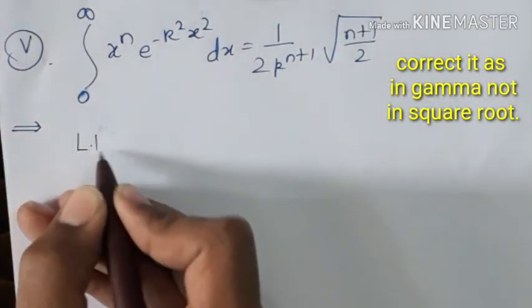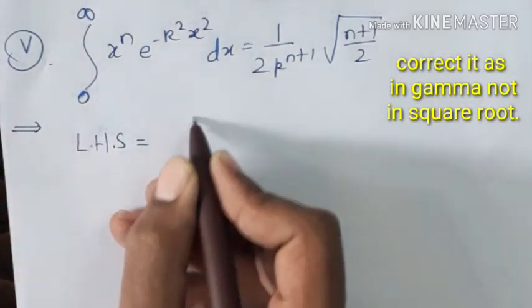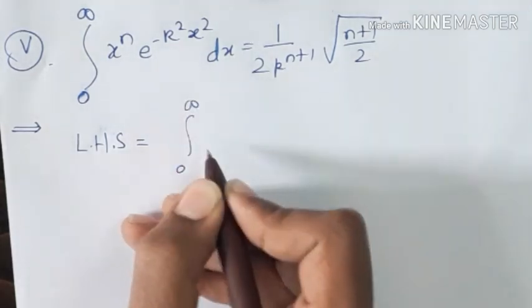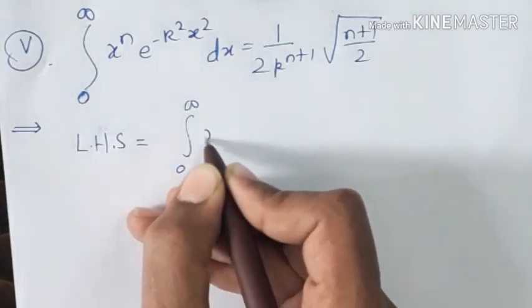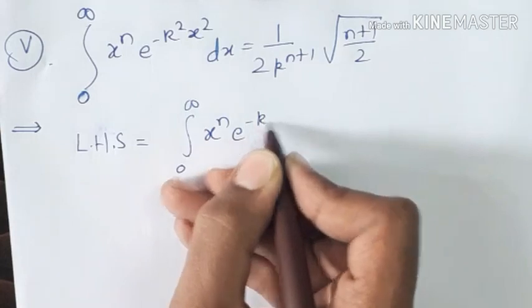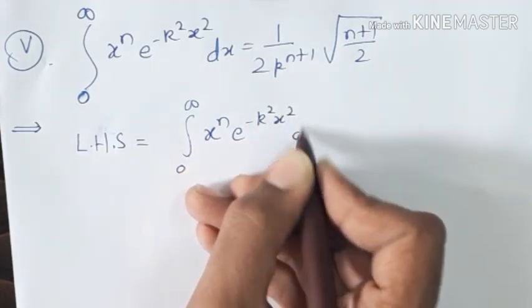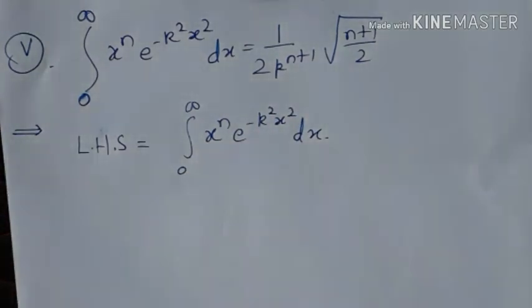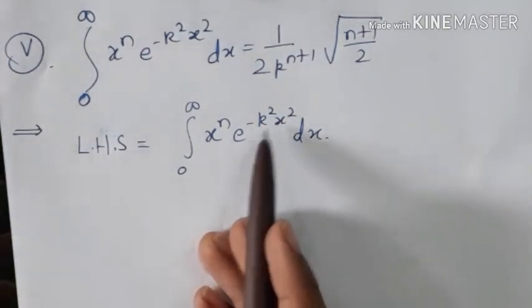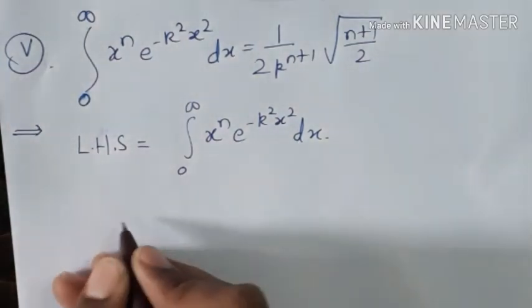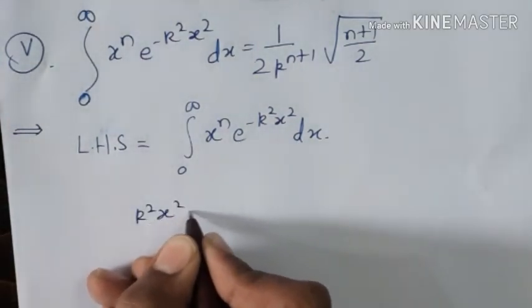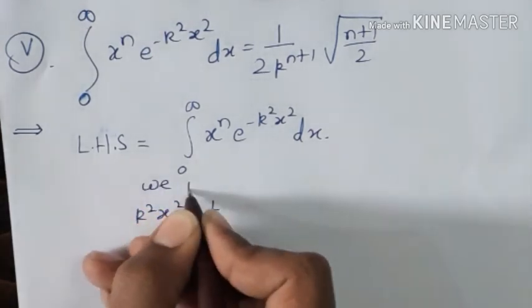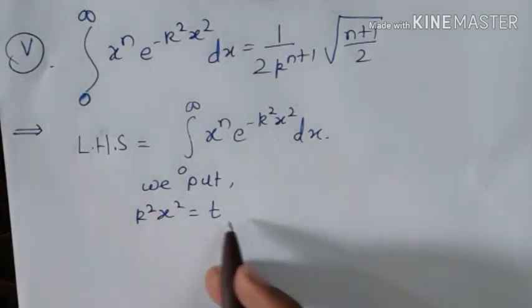So we first take the LHS, which is the integral from 0 to infinity of x to the power n e to the power minus k square x square into dx. As I have told earlier, we have to substitute for the exponent, therefore we put k square x square equal to t.